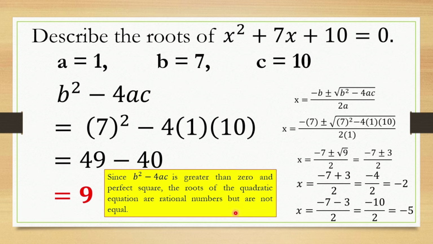So balikan natin. The resulting solutions or the nature of the roots are rational numbers but not equal. So as you can see, they are not equal and they are rational numbers.